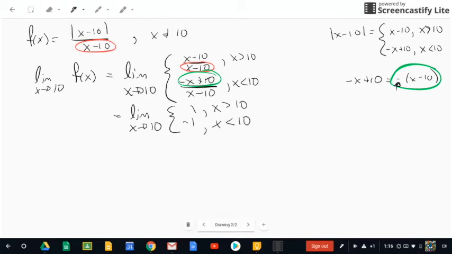So now take a look at this. As we approach 10 from the left, the result is different from us approaching 10 from the right.